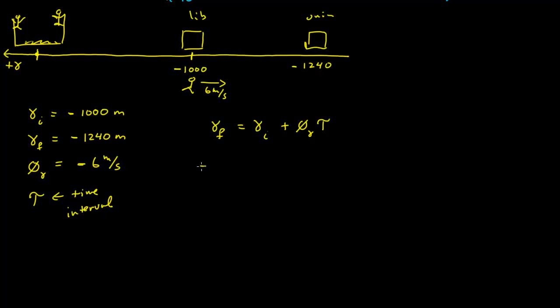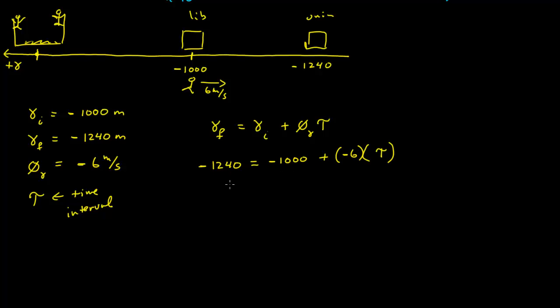And so the final is negative 1,240. The initial is negative 1,000 plus my velocity, which is negative 6 times the time interval tau.